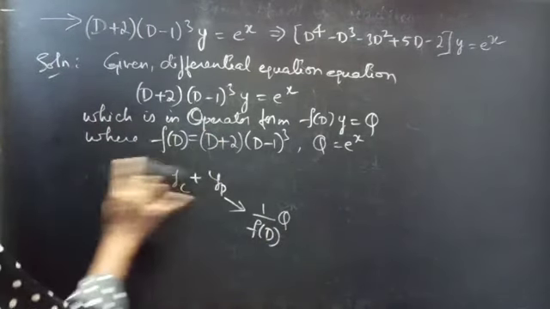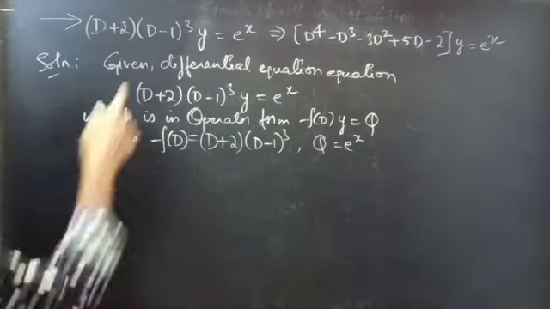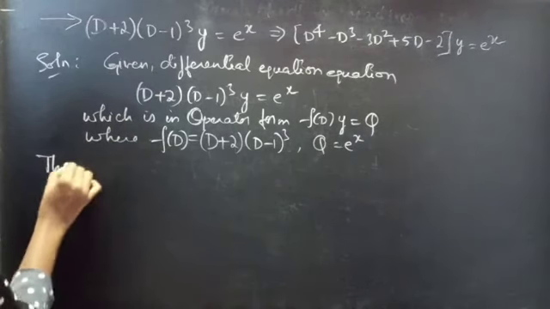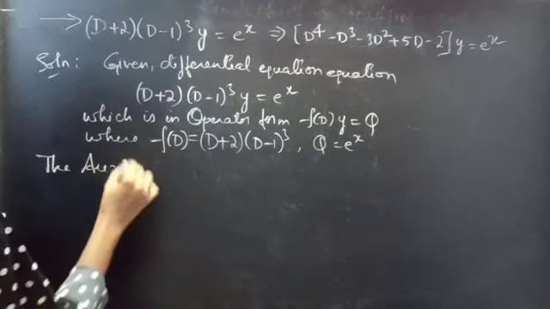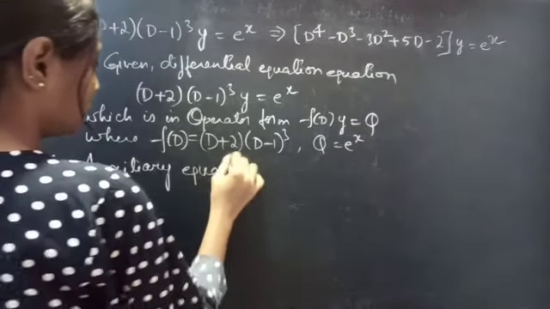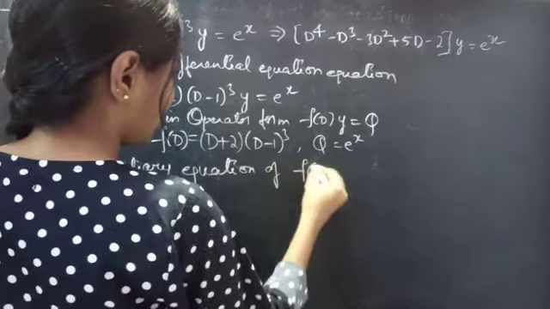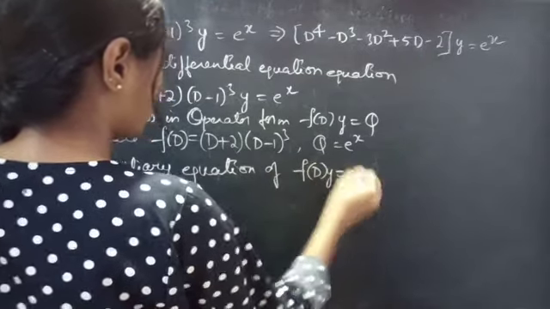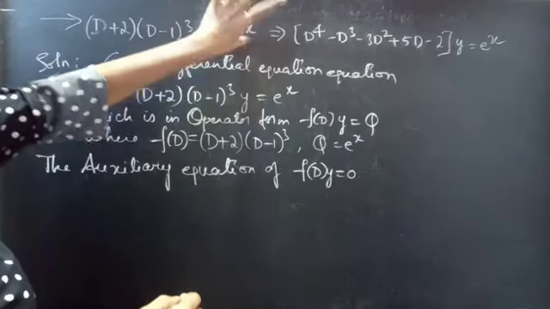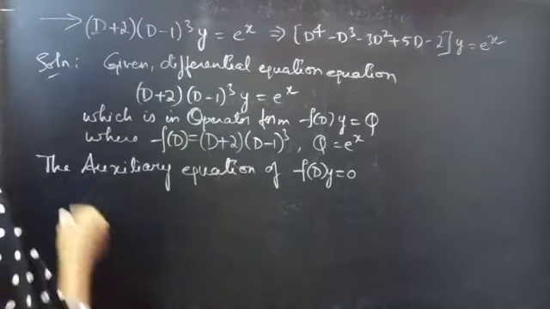So firstly we'll find the complementary function using the auxiliary equation of the homogeneous equation. If you consider the RHS part as 0, you'll get a homogeneous equation of this non-homogeneous equation.